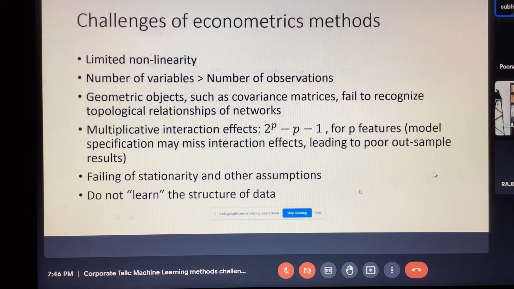But you can also have non-stationarity without having a unit root. So there are many issues. Even the augmented Dickey-Fuller test and others have limitations. It doesn't necessarily work well on all kinds of data, and stationarity may fail in many kinds of data.